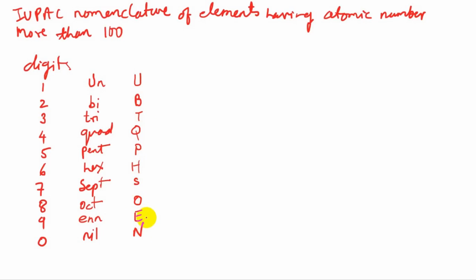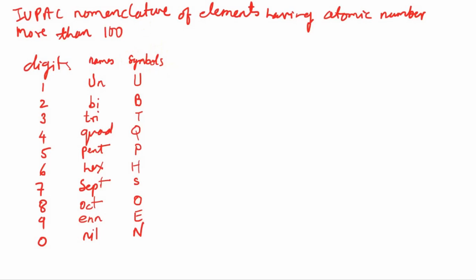The first letters I have taken, you will see none of them are repeated, isn't it? All are different. So we will use these letters to write the names, and we will use them to write the symbols also. So the names are used for names and the first letters are used for symbols. So these two we are going to use. Clear?